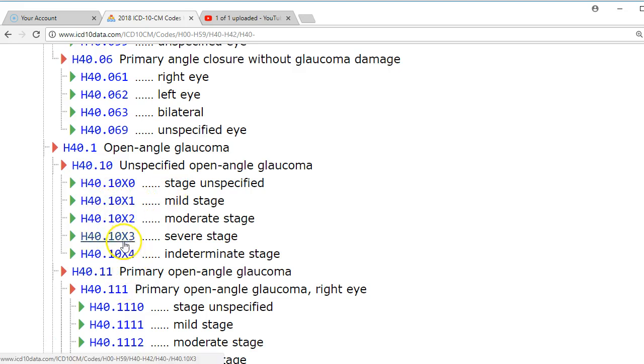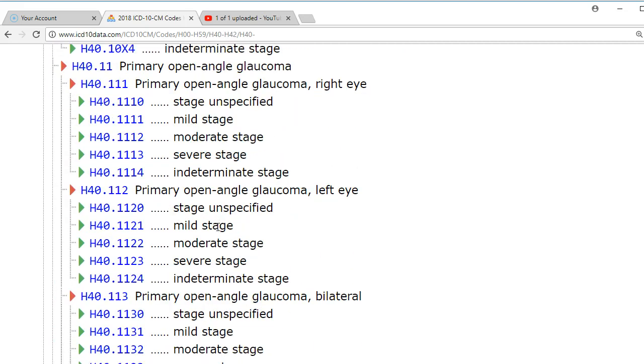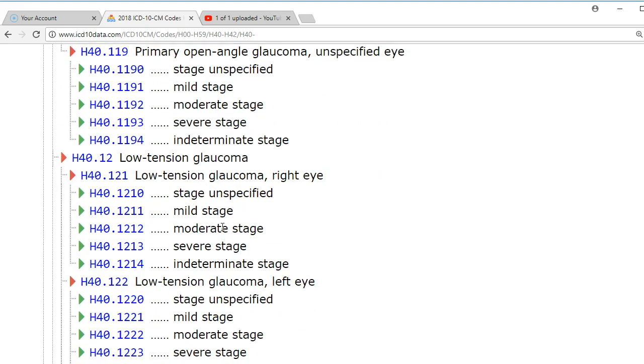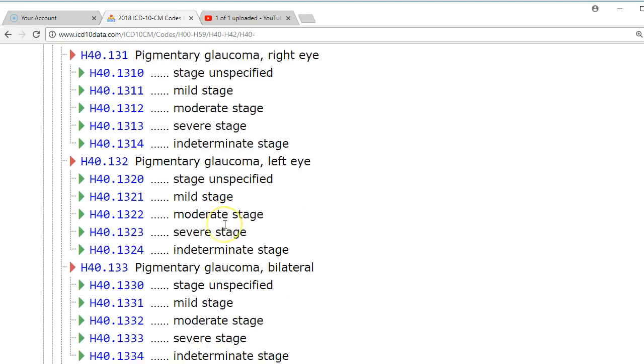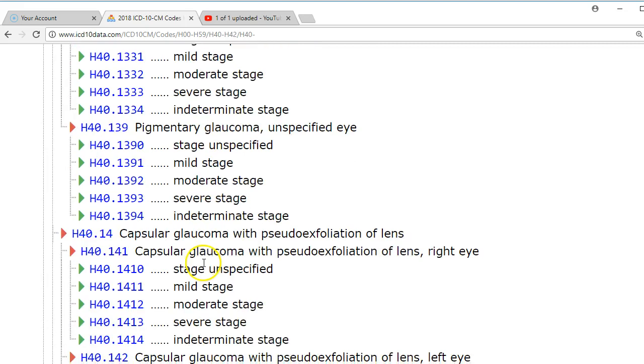So if the patient has the open-angle glaucoma, whether it is unspecified or primary, again, we don't have bilateral codes for this, so we need to be careful what eye is doing what. All right, and then we go back to left eye, right eye, bilateral. Again, low tension glaucoma, pigmentary glaucoma, and again, under the H40s, you can see we have the stages here: mild, moderate, severe, indeterminate.